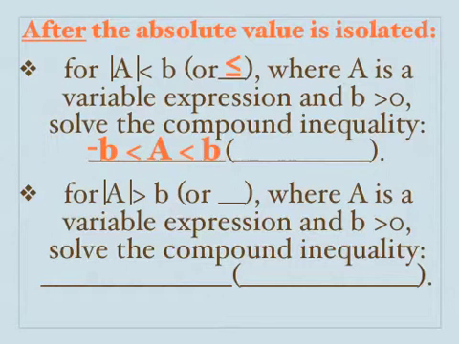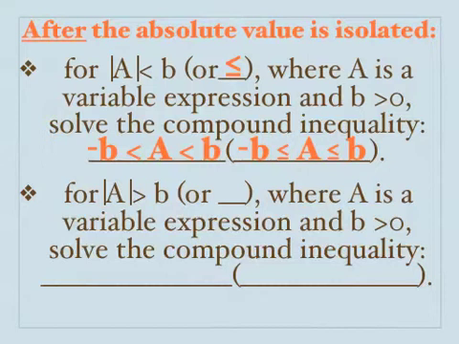So B is going to be the number, and A is what's inside of the absolute value. And if you had a less than or equal to, you're just going to have the less than or equal to symbol. So if it was the absolute value of A is less than or equal to B, it would be negative B is less than or equal to A is less than or equal to B. Notice this is an and compound inequality.